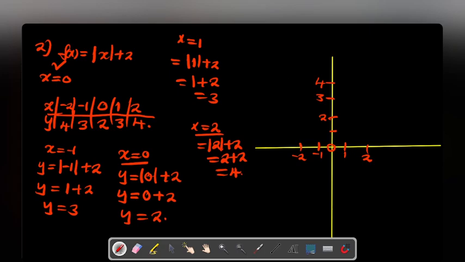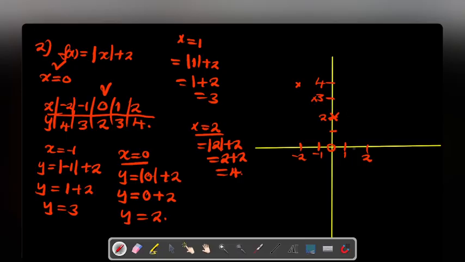Okay, so now plotting the graph, we have -2, 4. So we have -2 here, then comma 4, so we have a point there. Then we have -1, 3 here. So we have a point there. Then we have 0, 2. So this is where we have the vertex now. So our vertex would be at 0, 2. From here our graph will turn.